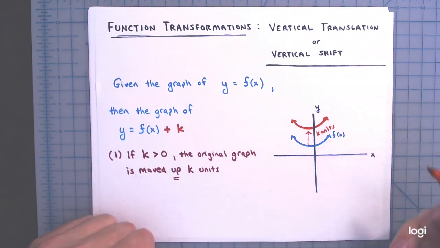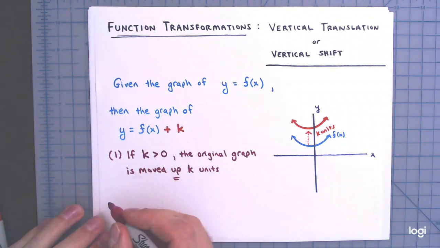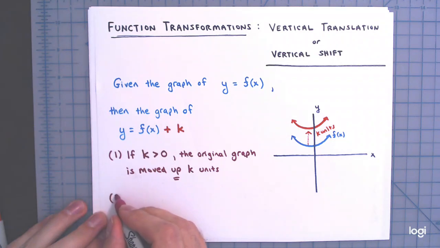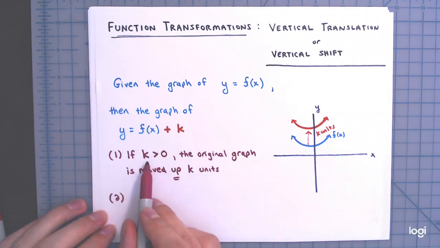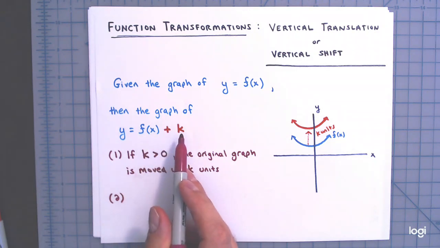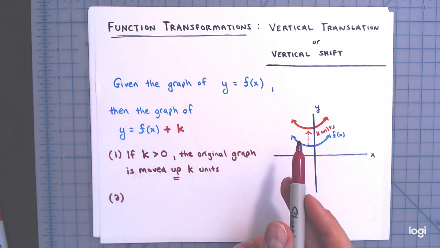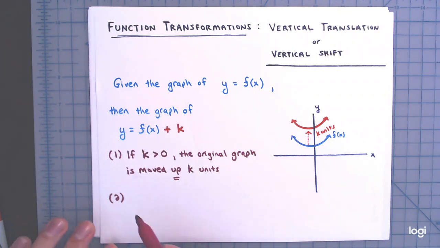And again, that's if k is positive. Now the only other case we're going to concern ourselves with is if k is negative, right? Because if k is 0, that's meaningless, right?